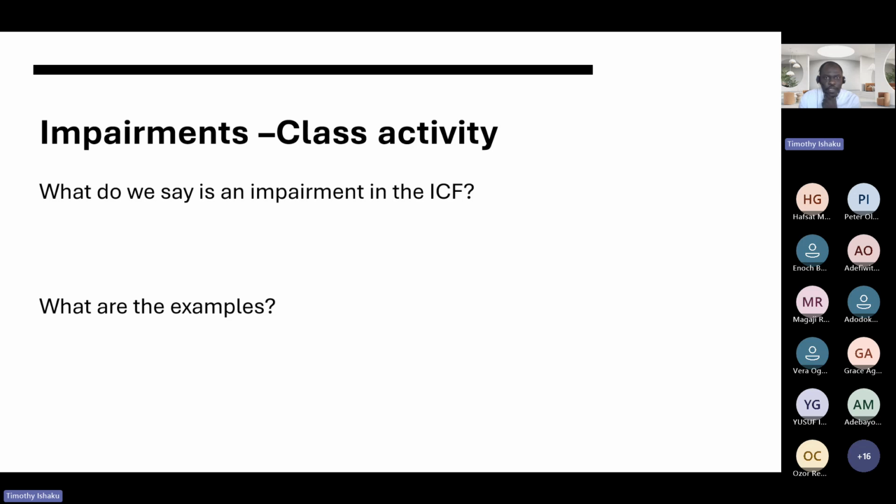Shoulder subluxation, that's one. Expect a bit more. Any possible impairment that you think your patient might encounter, just put it in the chat box.